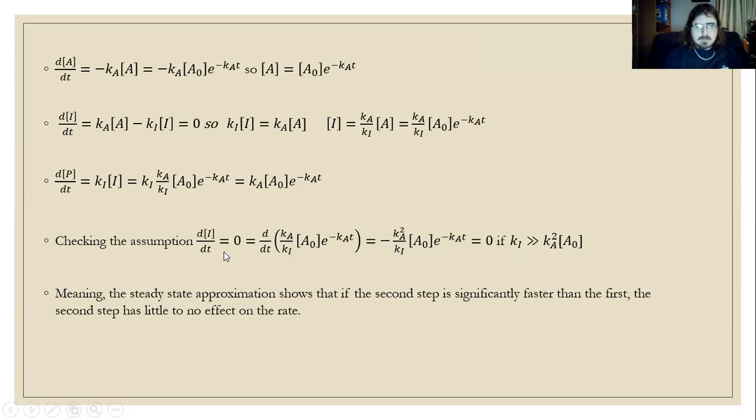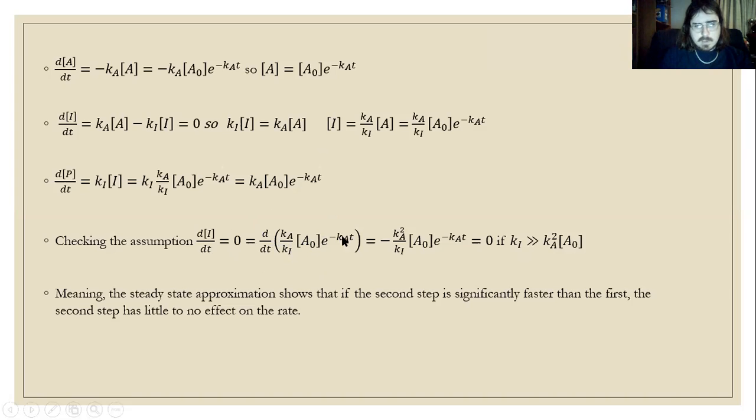So checking that assumption. We're making the assumption that dI/dt is equal to 0. So if we take the differential of what we said I was, does that give us 0? A naught is a constant that factors out.